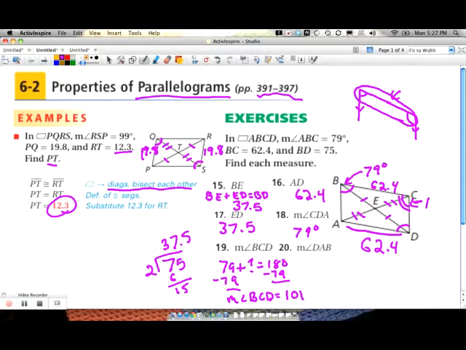So this angle is 101. Now DAB, that's the opposite of that angle. So that's also 101. I don't have to do the calculation again because I know that opposite angles are congruent. So take a second if you need to pause the video, but I'm going to keep going.